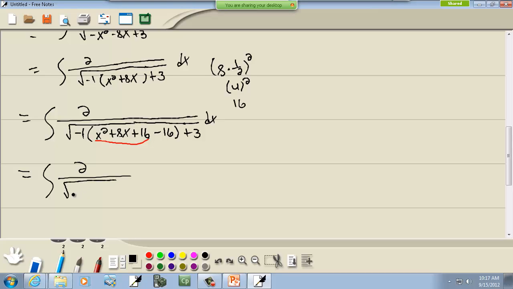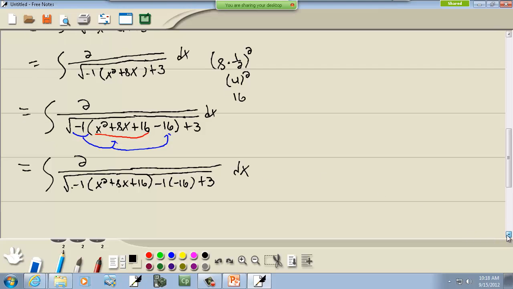Okay. Now what I'm going to do is take this negative 1, it's out in front of the parentheses, I'll multiply it times my first group, and I'll multiply it times my second group. So I'm going to have negative 1 times x squared plus 8x plus 16, and we'll have negative 1 times negative 16 plus 3 dx.